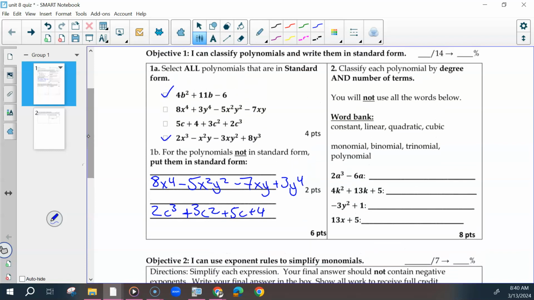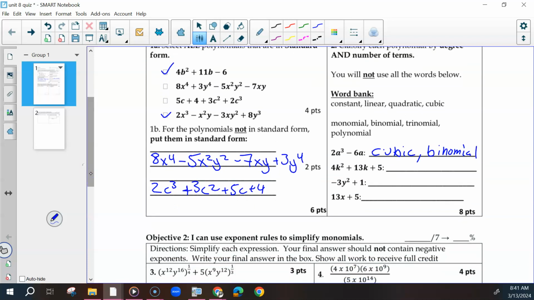On the second part, most of us got this. There were some slight issues, but this one should have been a cubic binomial. The order in which you put that did not matter. A quadratic trinomial.